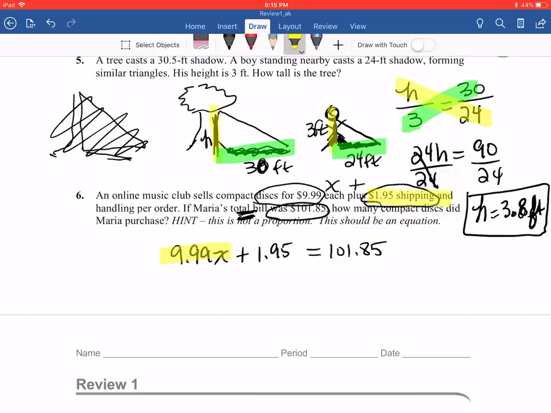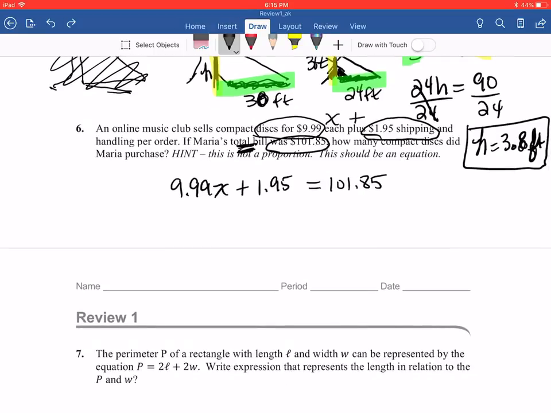If this had said $1.95 shipping each CD, then that would be each, and that would also be x, right? Since it just says shipping and handling per order, then we know that's just going to be our constant value.